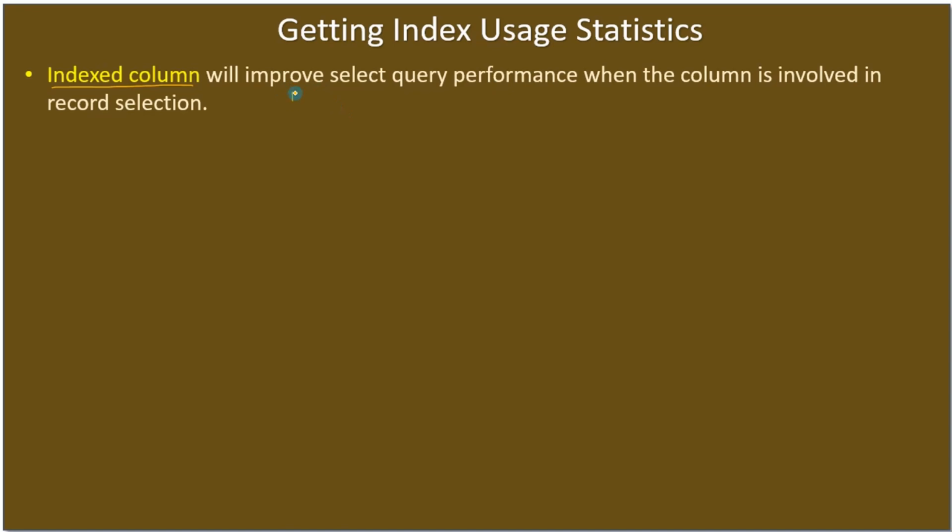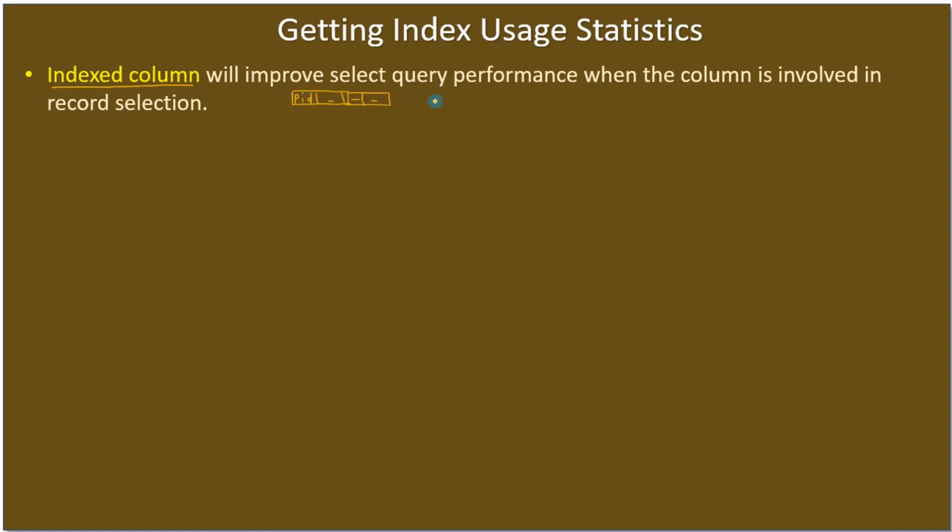Say, for example, there is a table for a list of products and there is a column called product ID, and let's consider there are other columns as well. The product ID is, let's say, a primary key column. That means it's a clustered index. So there is an index, right?